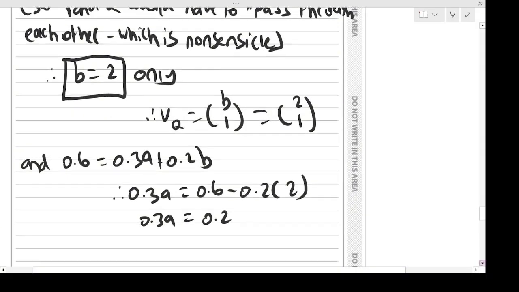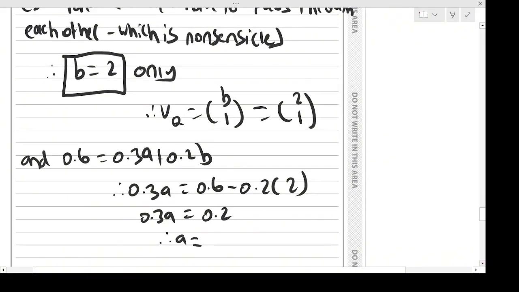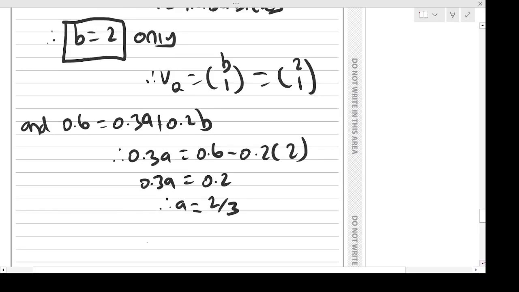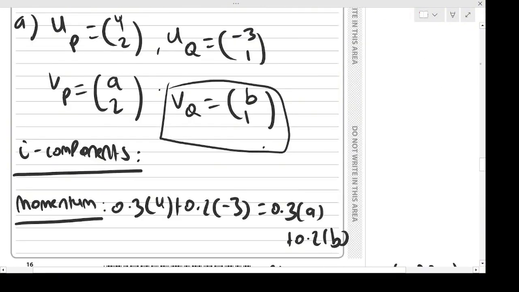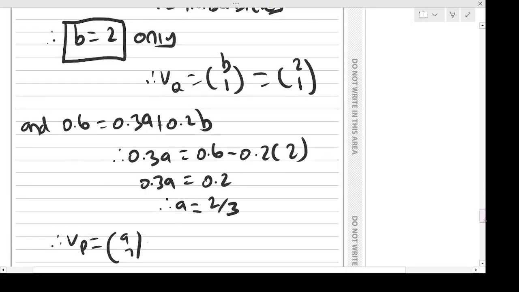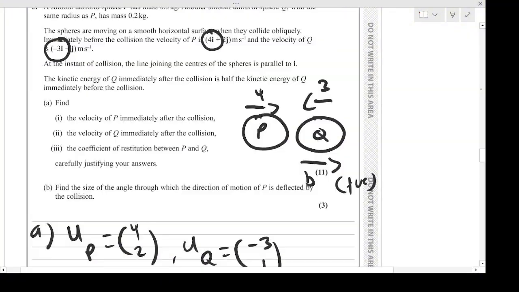And so therefore, divide by 0.3, I get A to be 2/3. And so therefore I can work out the velocity of P. Now remember, VP we said was Ai, I believe. Yep, Ai. But we know what A is, so I can sub that in directly. So 2/3 i for my velocity for P afterwards, and there we are.